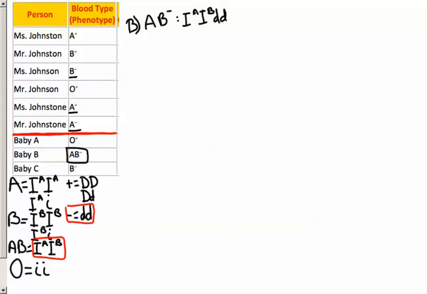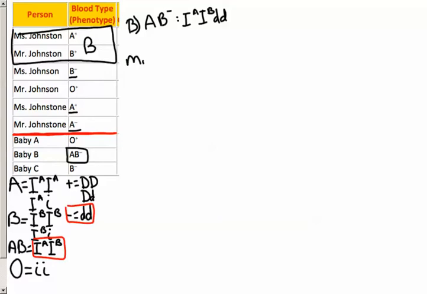The mom has blood type B negative, so the baby can get the I B allele from the mom, but can it get the I A allele from the dad? No, because the dad is blood type O. So this baby would have to come from the Johnstons, where the mom has blood type A positive and the dad has blood type B positive.